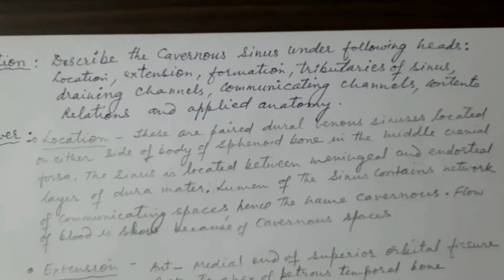Therefore the flow of blood through this cavernous venous sinus is very slow, because the space is occupied by small cave-like spaces through which the venous blood circulates.